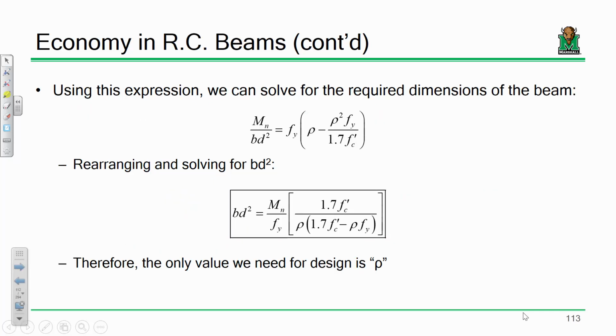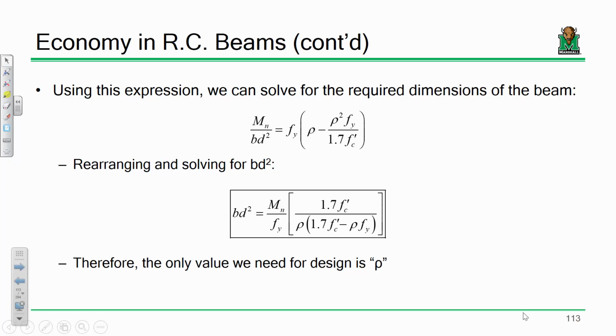Okay, all right. Now, that aside, I'm going to take this expression here, and I'm rearranging that expression a bit, and I'm solving for BD squared. So going from the top to the bottom, all I'm doing is rearranging and massaging it algebraically to make the equation a little more palatable.